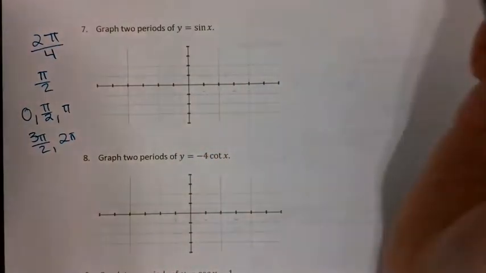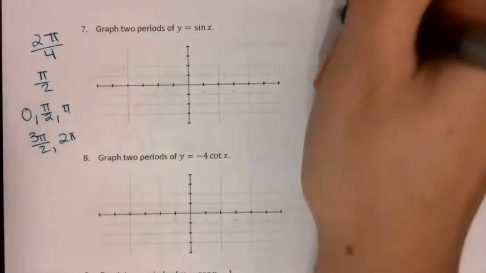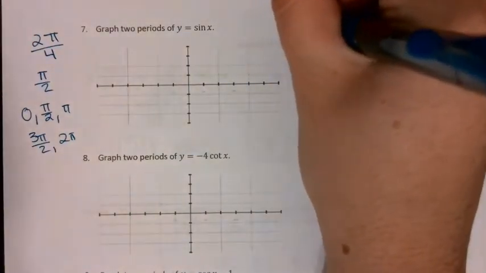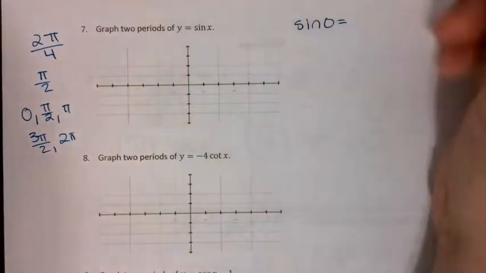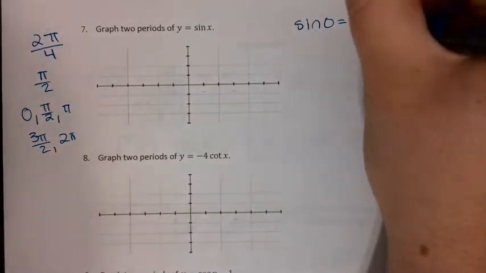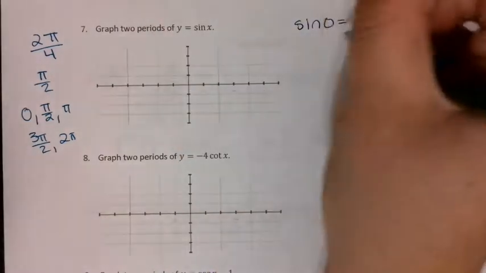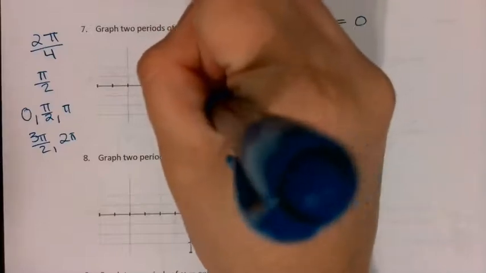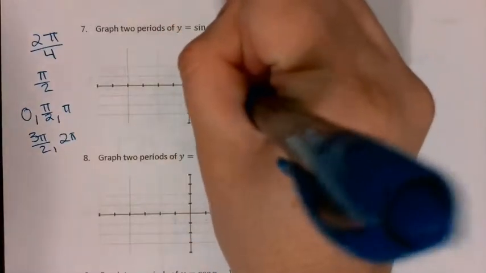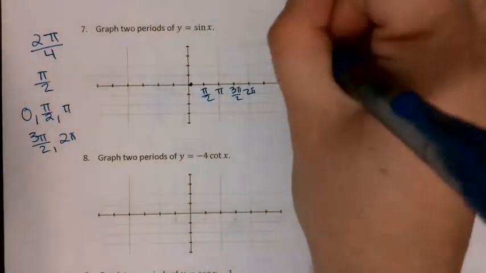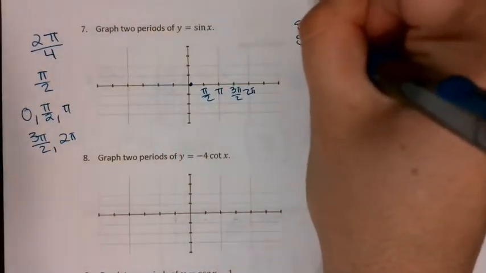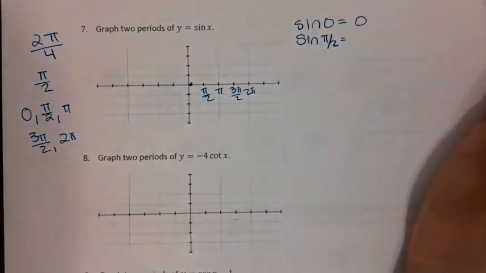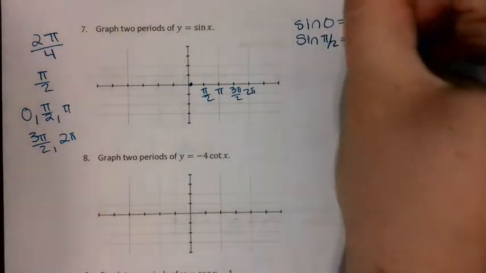Okay. Then I want to plug these in for sine. So I'm going to have sine of 0, which is 0. I probably want to label these too. Then I have sine of pi halves, which is 1.